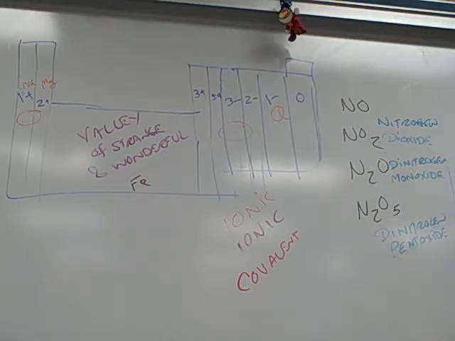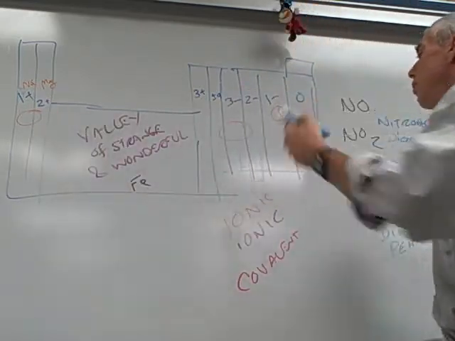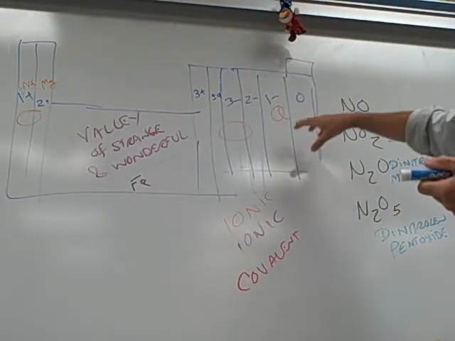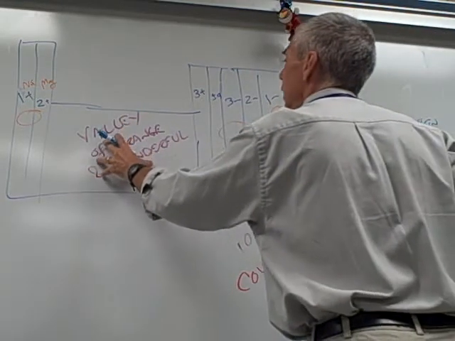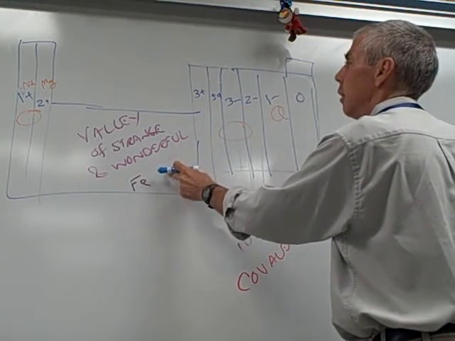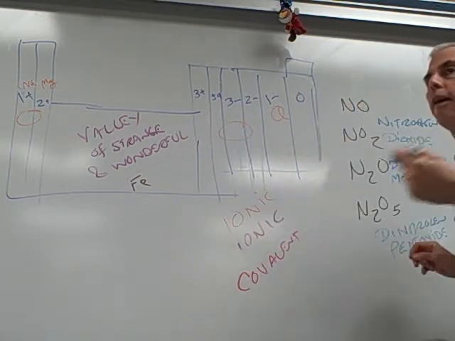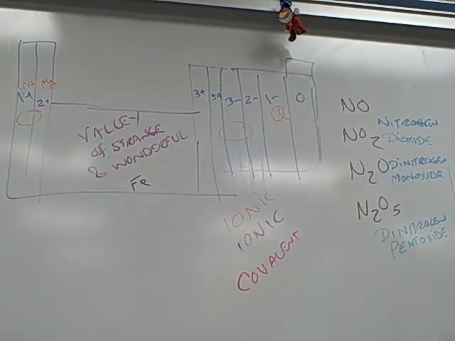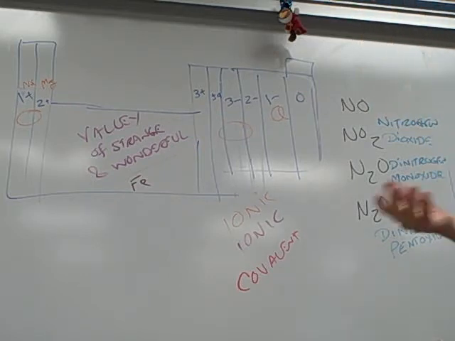So if it's in one tower and the other, one over here, one over there, simple name: just give the name, give the other name, make it an ide. If it's the valley, you're going to identify the charge: iron 3 chloride, iron 2 chloride. You still have to figure out the formula, but is everybody okay with figuring out the formulas? You just go, this is +3, this is +2, so there's 2 of those, 3 of those.